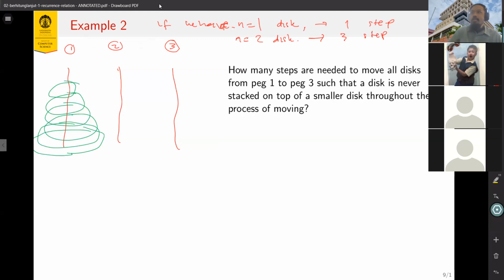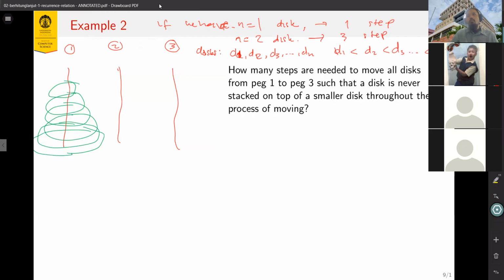So let's call the discs D1, D2, D3, up to Dn, where the sizes satisfy D1 is less than D2, less than D3, and so on.